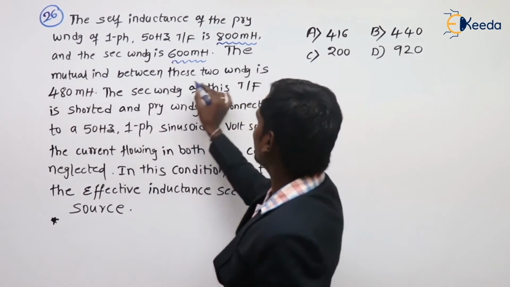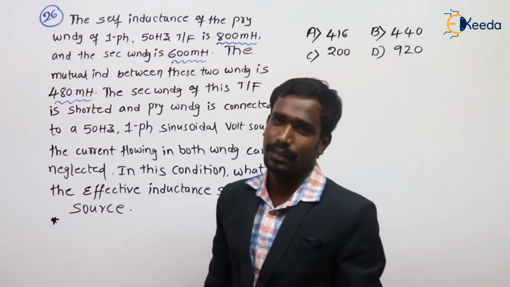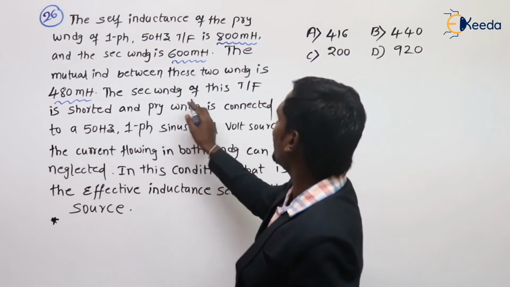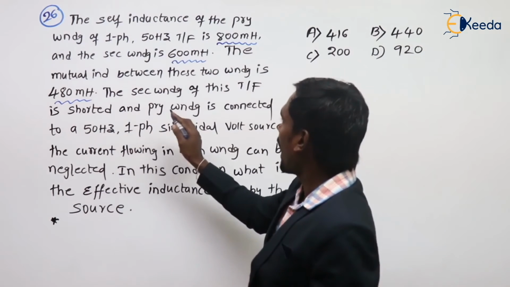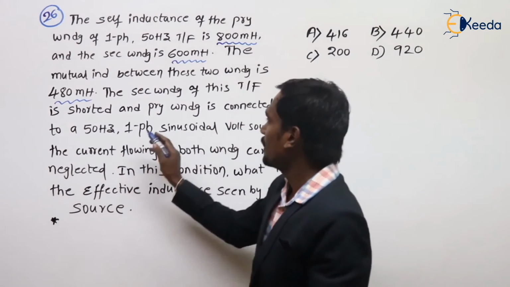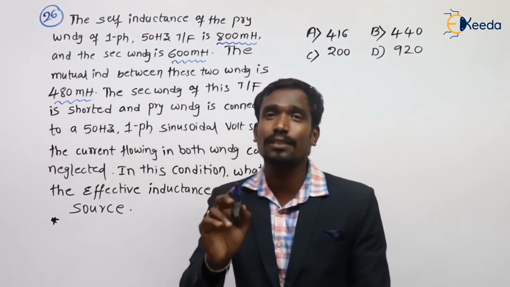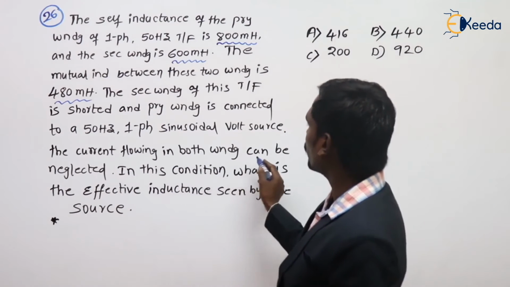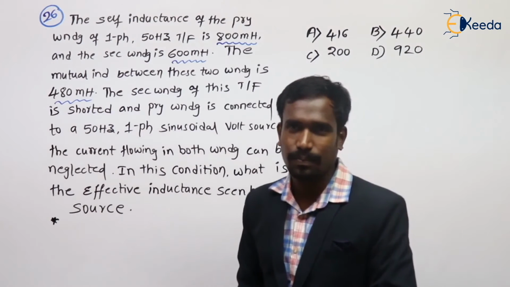The mutual inductance between the two windings is also given, 480 millihenry: L1, L2 and M. The secondary winding of this transformer is shorted and the primary winding is connected to a single phase sinusoidal voltage source. The current flowing in both the windings can be neglected.